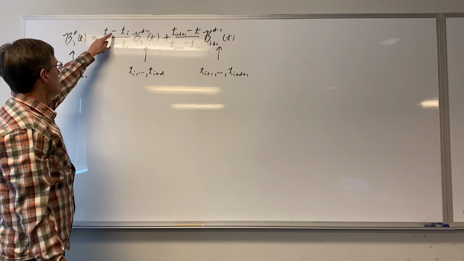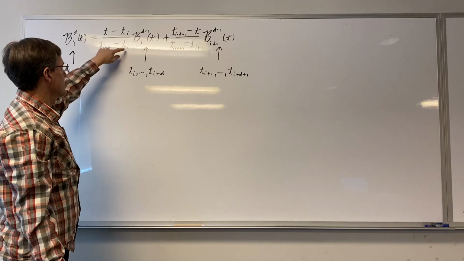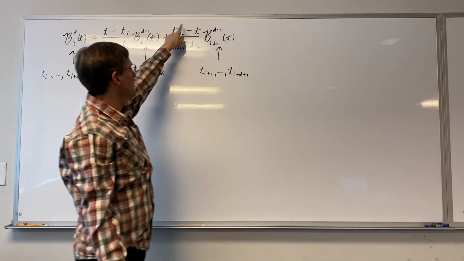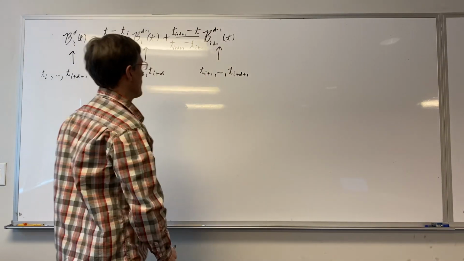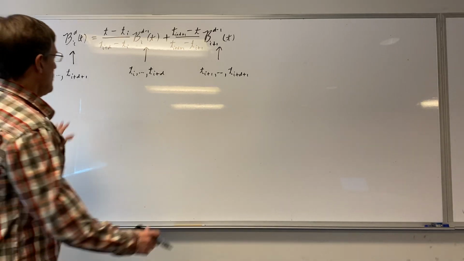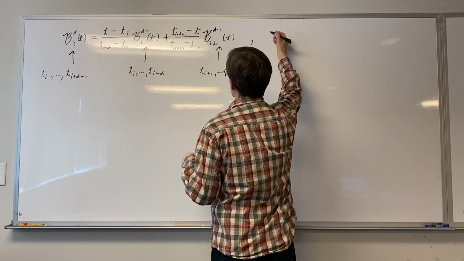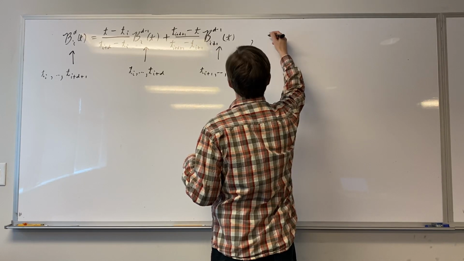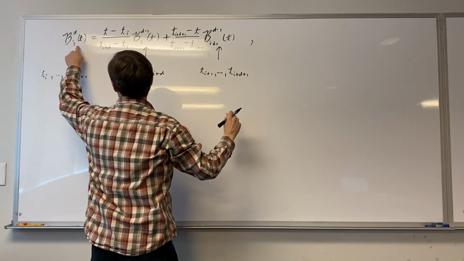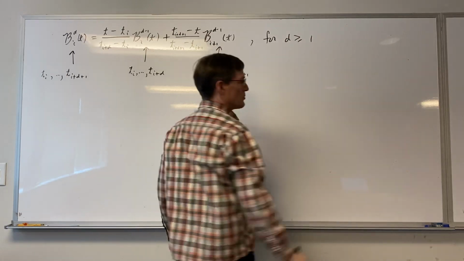So notice that in both the numerators here, I have a linear function. And this, of course, is just a constant. So in fact, I've got a linear function times a lower degree B-spline and another linear function times a lower degree B-spline. Okay? I should say that this formula applies for degree d greater or equal to 1, right?